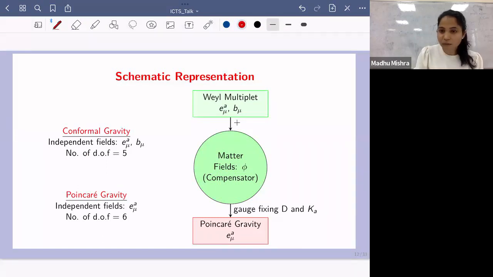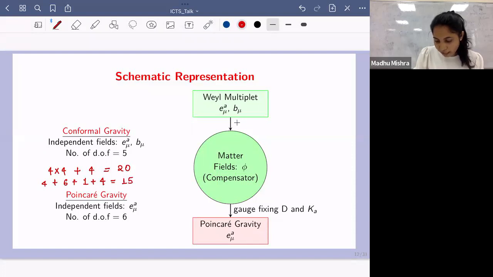In conformal gravity, we have two independent gauge fields, so the number of components is 20. And the gauge symmetries we have are translation, which has 4, plus Lorentz transformation, plus dilatation, and also special conformal transformation. So we have 15 symmetries.